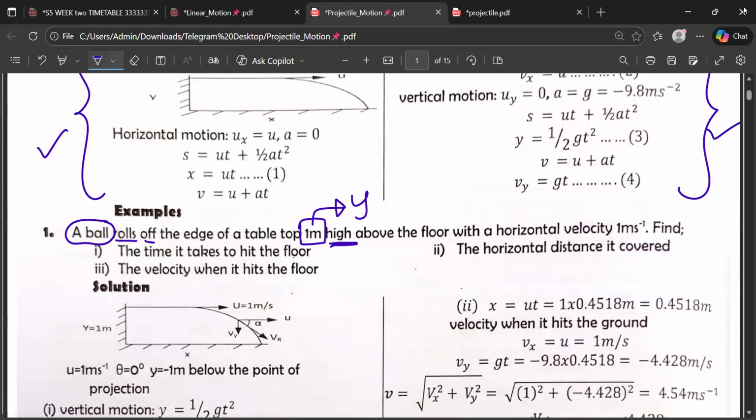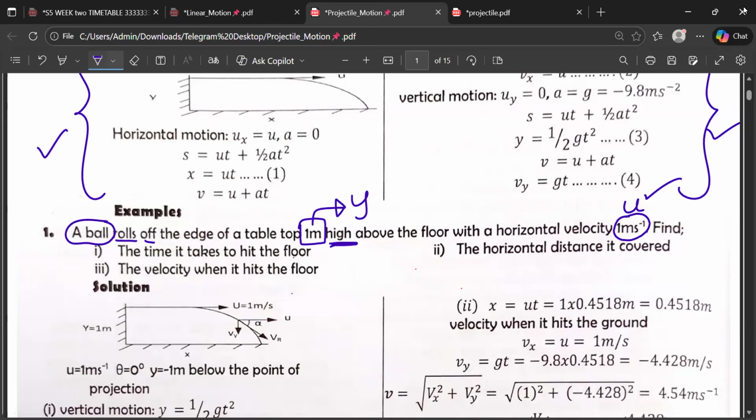They are giving us a horizontal velocity of 1. This one is u. No need of even saying ux. Even if you say ux, uy is 0, so you're wasting time to say ux.